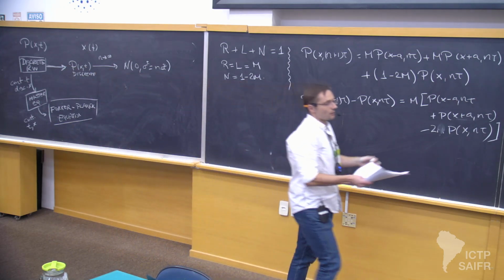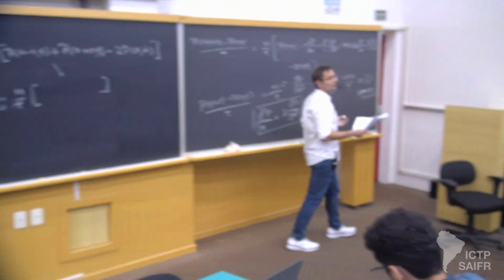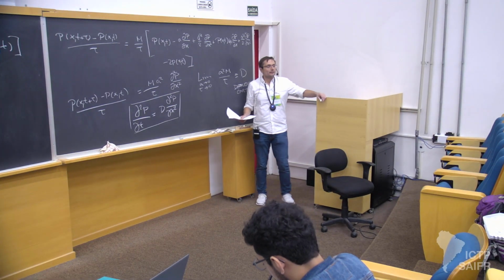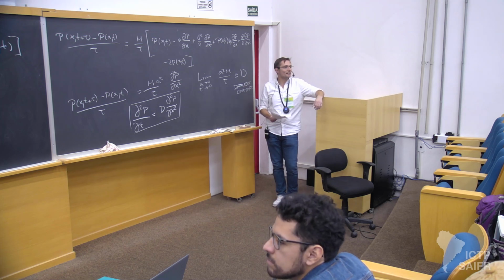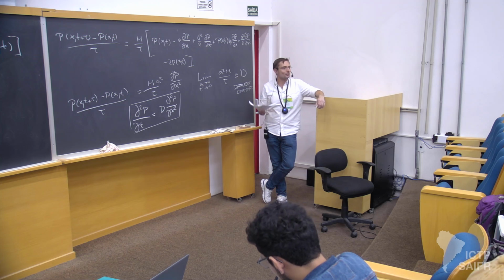So the Fokker-Planck equation for this very simple random walk that we are analyzing is a diffusion equation. That's why you will see in the notes that I share with you that they call this approximation a diffusive approximation to a discrete random walk.